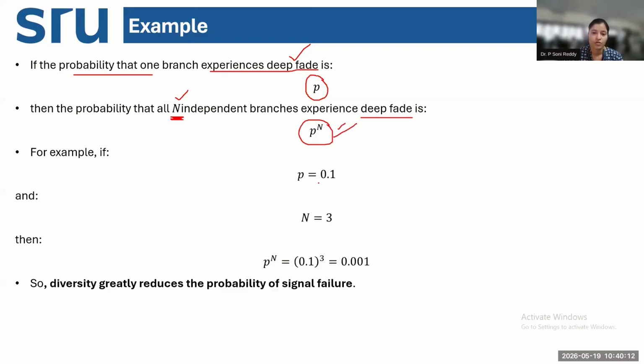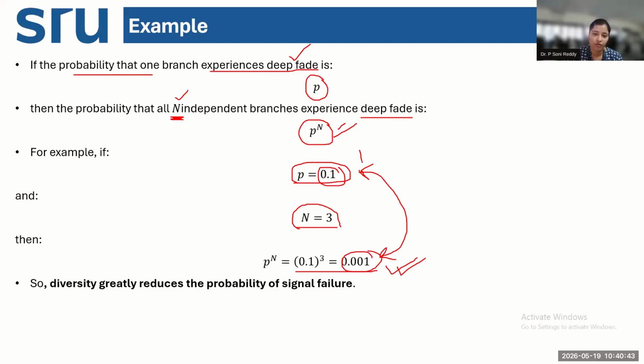Okay. So suppose the probability is 0.1 for one channel. If n is 3 channels, then p to the power n is nothing but 0.001. So if you compare 0.1 and 0.001, you will understand that the probability that the signal will experience deep fading with multiple channels is very, very small compared to 0.1.